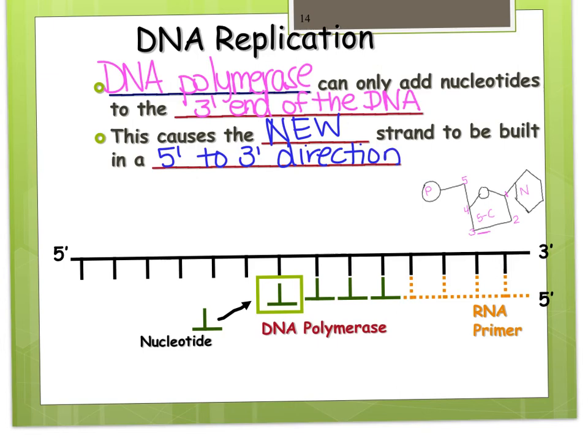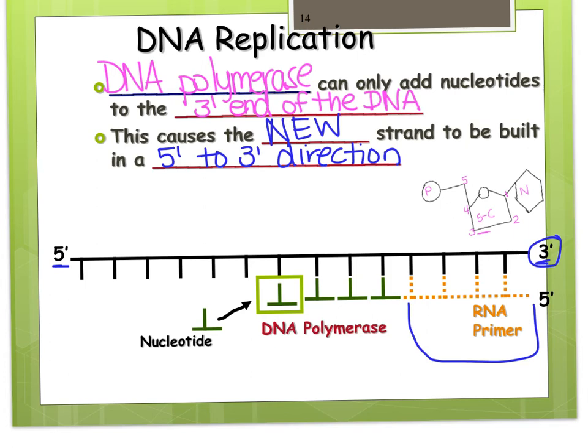So if you look here, this is my 5' end, this is my 3' end. You have your RNA primer here. Who laid down my RNA primer? Primase did, thank you. Then DNA polymerase is coming and adding on my new nucleotides, but it can only add it to the 3' end of my template strand.